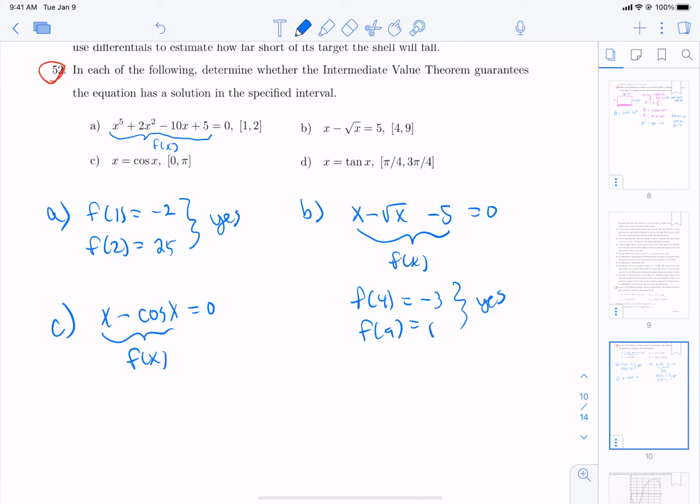Let's plug in 0 and pi. If I plug in 0, I get 0 minus the cosine of 0, that's 0 minus 1, which is negative 1. If I plug in pi, I get pi minus the cosine of pi, that's pi plus 1, which is positive. One's negative, one's positive. It's a yes.